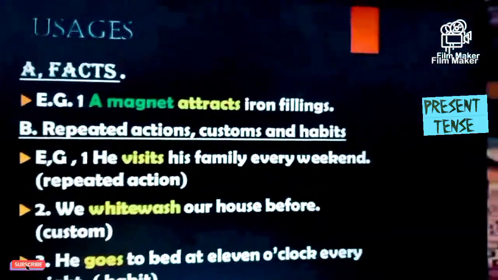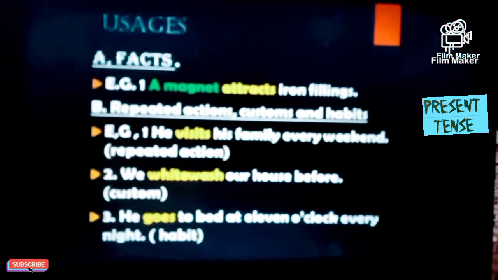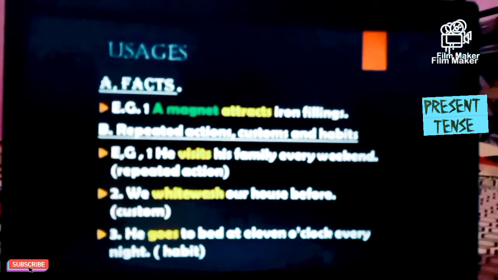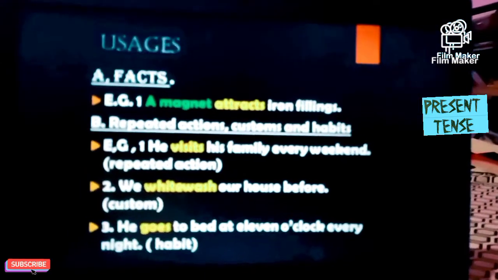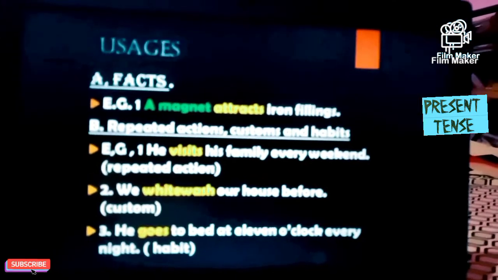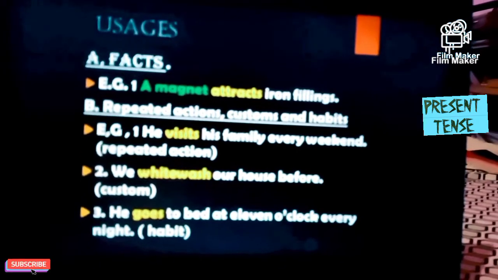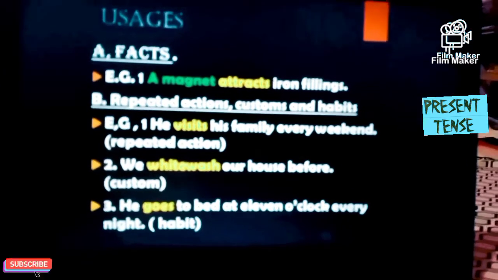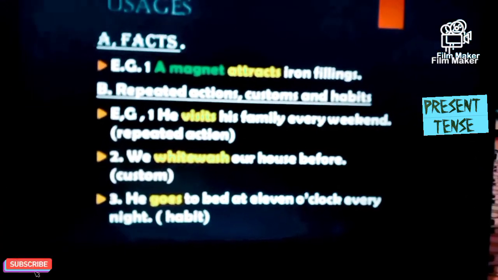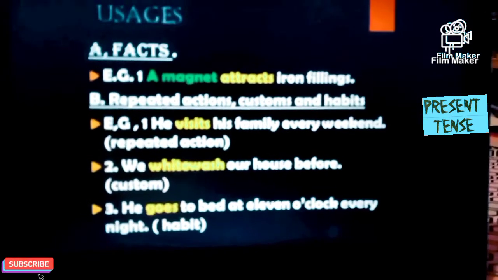First, the usages of the simple present tense. The first one is that it is generally used to express facts. With an example, understand: a magnet attracts iron filings. Look at the structures in these sentences: singular subject, s or es; plural subject, V1 form.